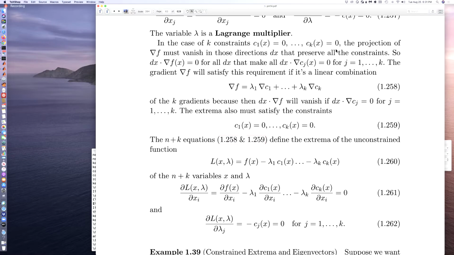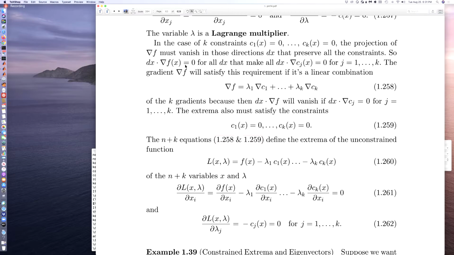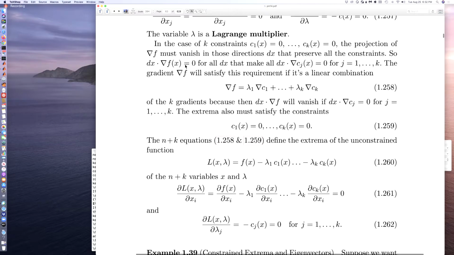If you have k constraints, you do the same thing, but now you're even more fussy about which points with vanishing gradients you would accept.